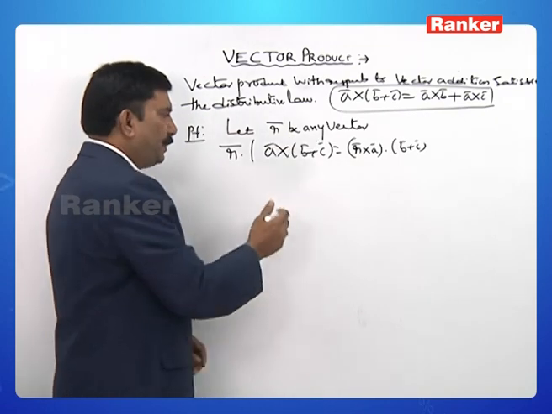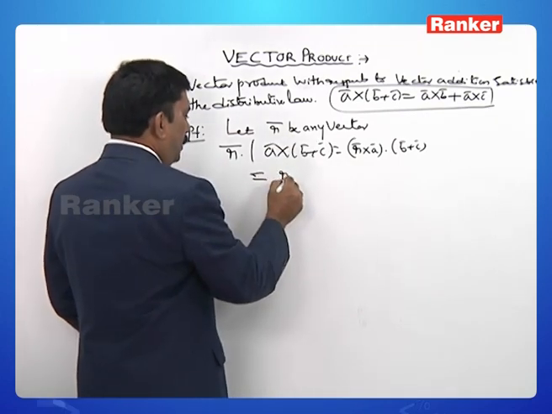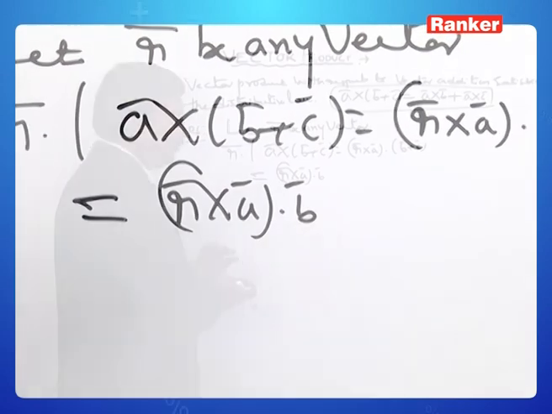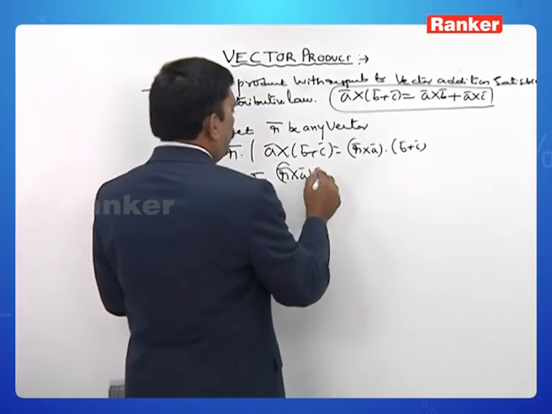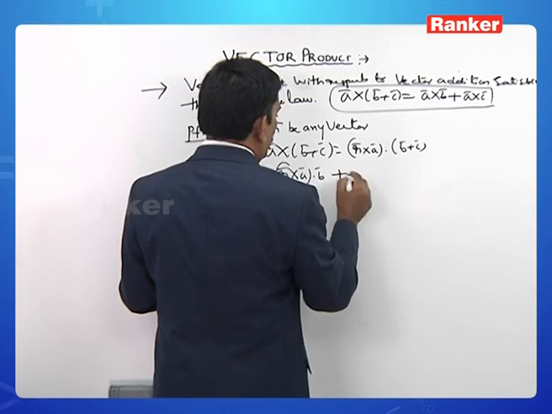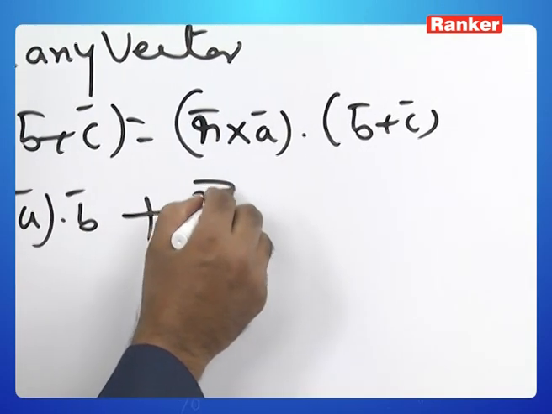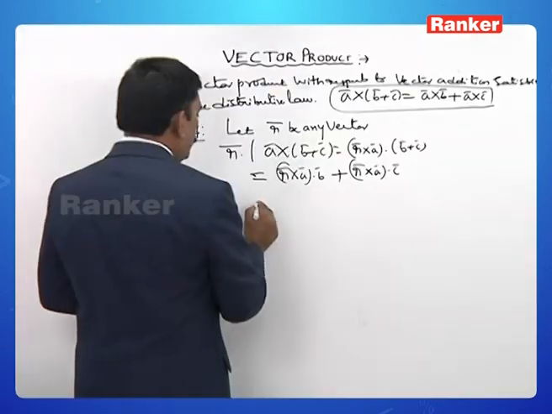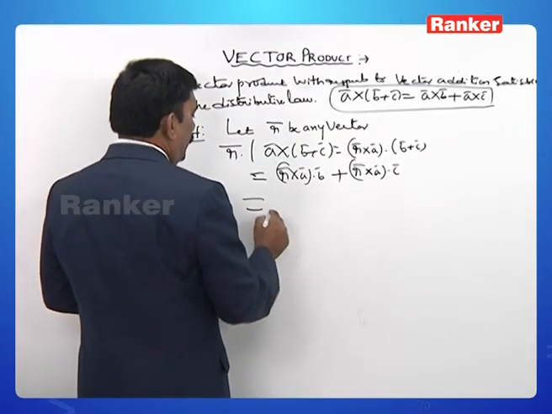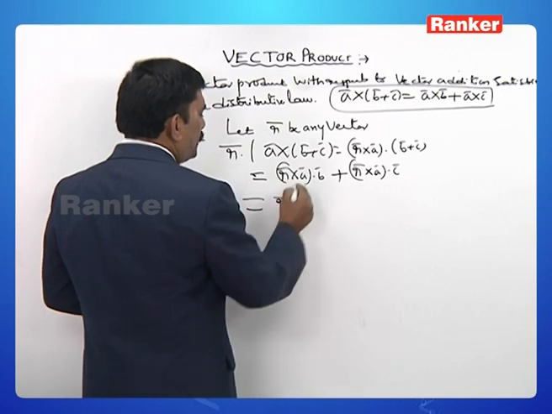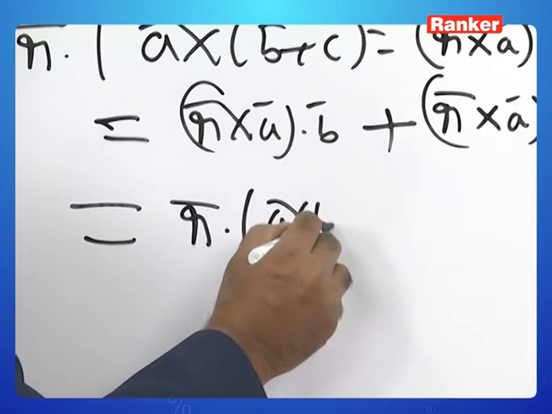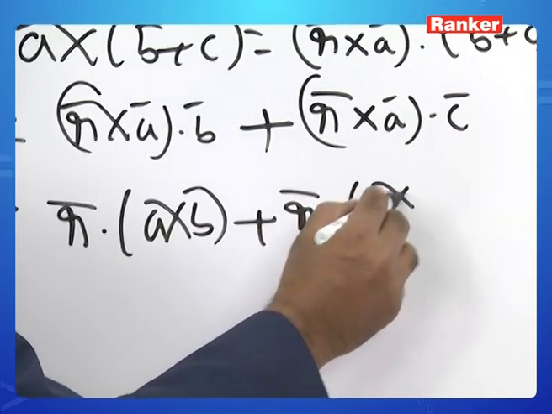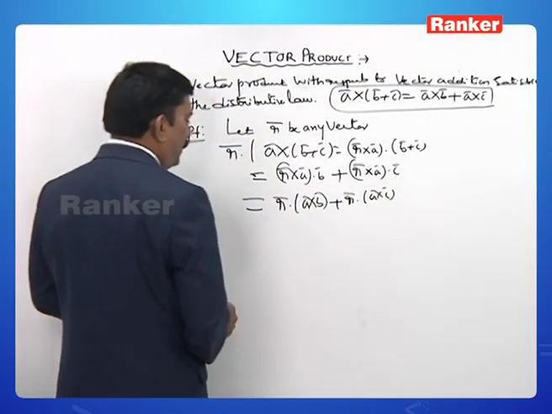I can write this one as r bar cross a bar dot b bar plus r bar cross a bar dot c bar, which implies I can write this one as r bar dot of a bar cross b bar plus r bar dot of a bar cross c bar.